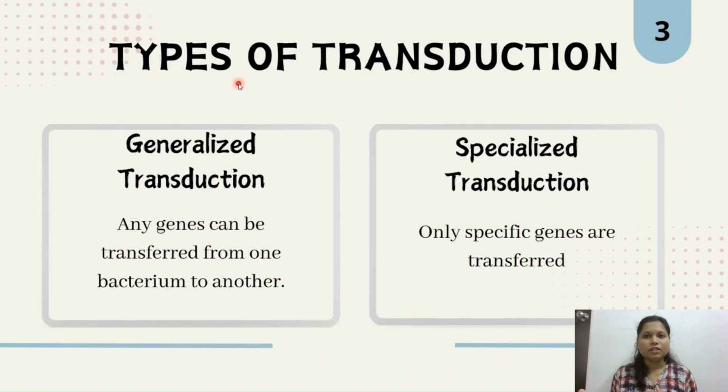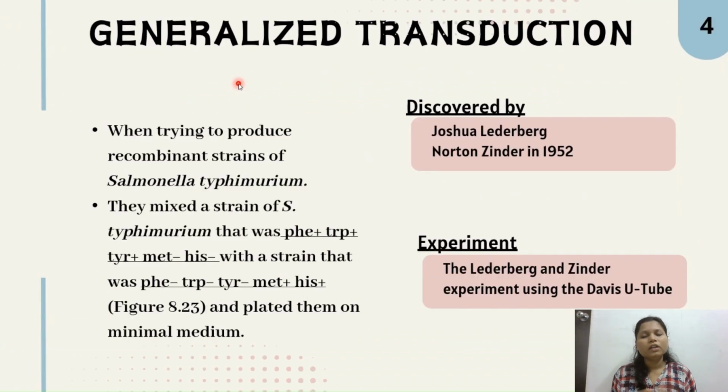Generalized transduction was first discovered by Joshua Lederberg and Norton Zinder in 1952. They were trying to produce recombinant strains of Salmonella typhimurium, and they did an experiment which used the Davis U tube.